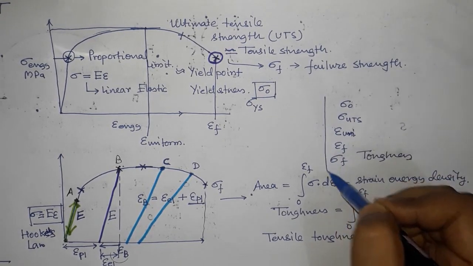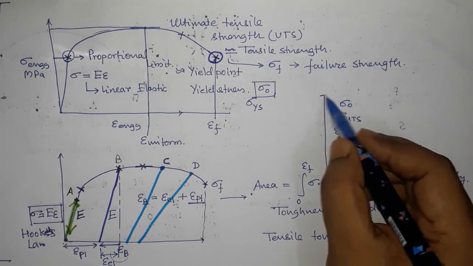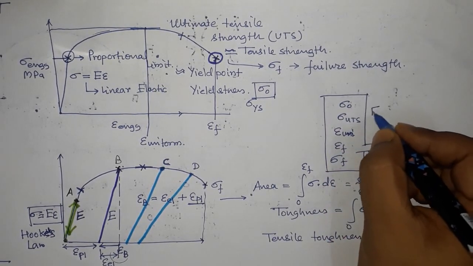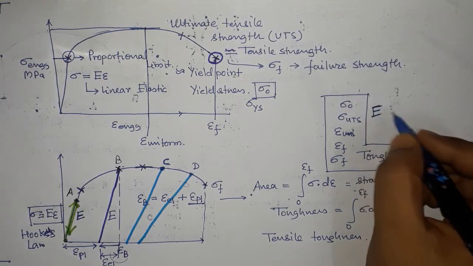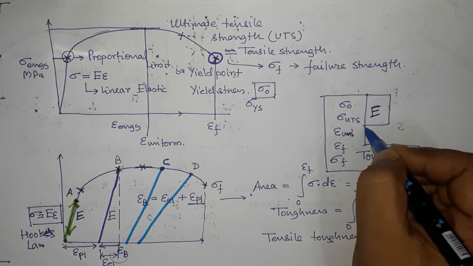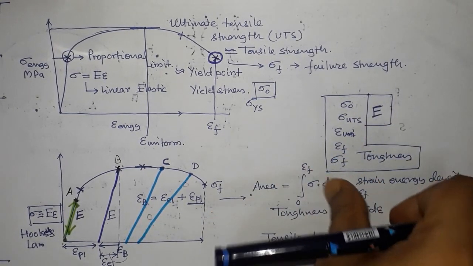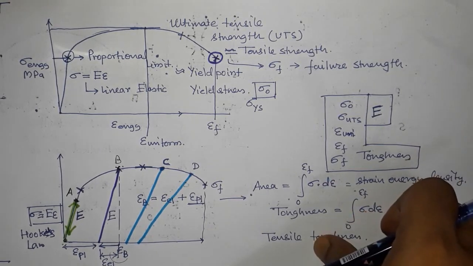So we get all this from one single experiment. Okay, we can also calculate elastic modulus to certain extent of accuracy. Okay, so we can get this also. So from one single experiment we get too much information about the material. Okay.